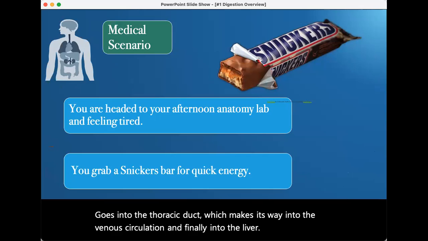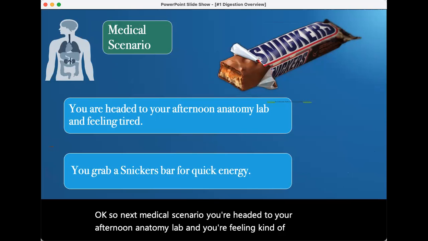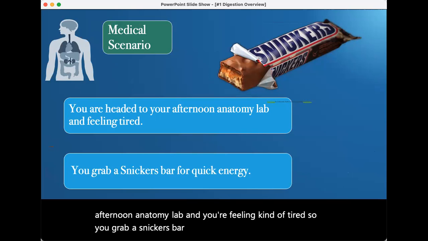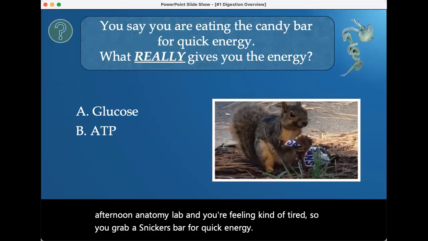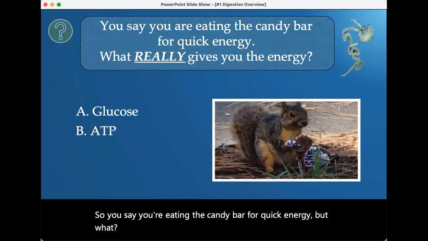Okay, so next medical scenario: you're headed to your afternoon anatomy lab and you're feeling kind of tired. So you grab a Snickers bar for quick energy. You say you're eating the candy bar for quick energy, but what is exactly giving you the energy?